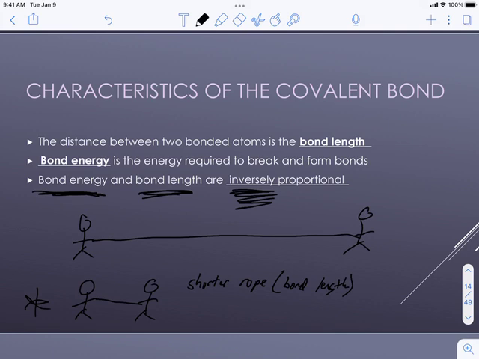And these people have a longer bond length. If you were trying to hit the rope out of their hands, if you're trying to karate chop right down the middle of these ropes, what do you think you could karate chop easier? What would take less energy to karate chop?